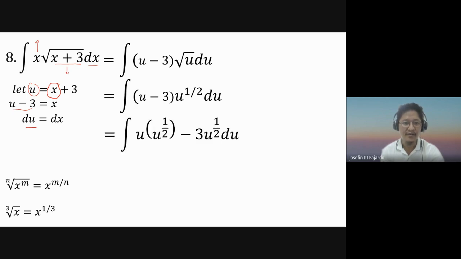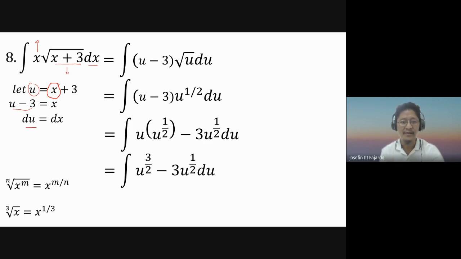So u times u to the 1/2 will just be u to the 3/2. So mapapansin nyo guys, hindi pa tayo dito nag-integrate ha. Hanggat meron pang integral sign, still we are not yet doing integration. We are still doing manipulation in this case.